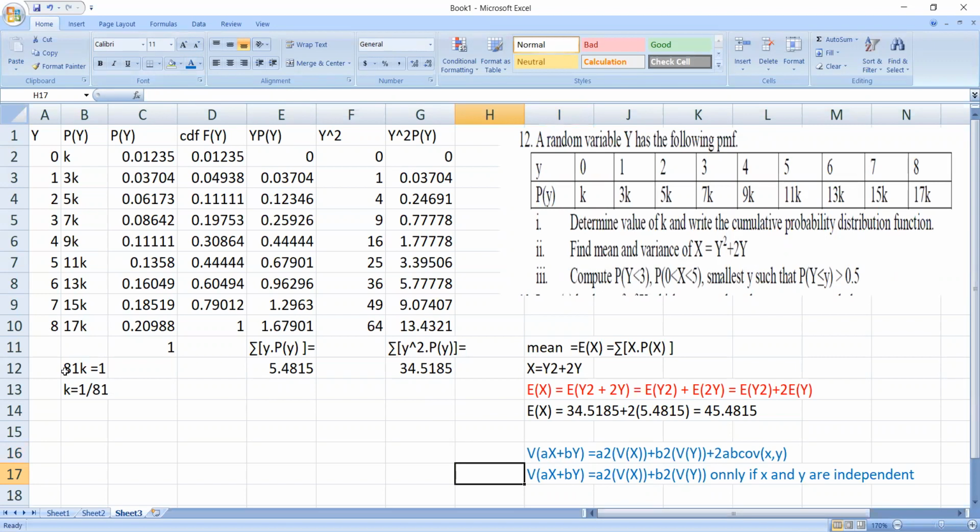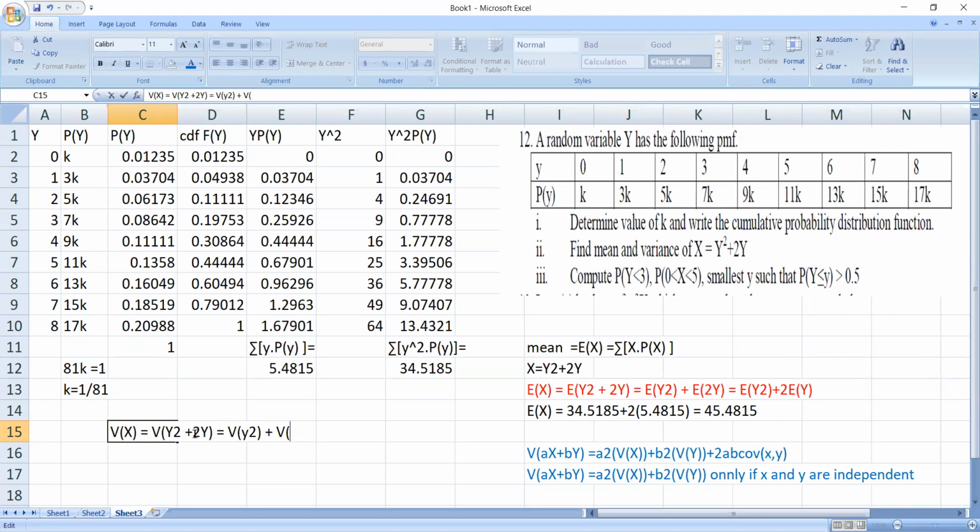So I cannot easily write my variance of X, according to this question, variance of Y, I cannot write this as another Y square and 2Y. So this is not equal to variance of Y square plus variance of 2Y.